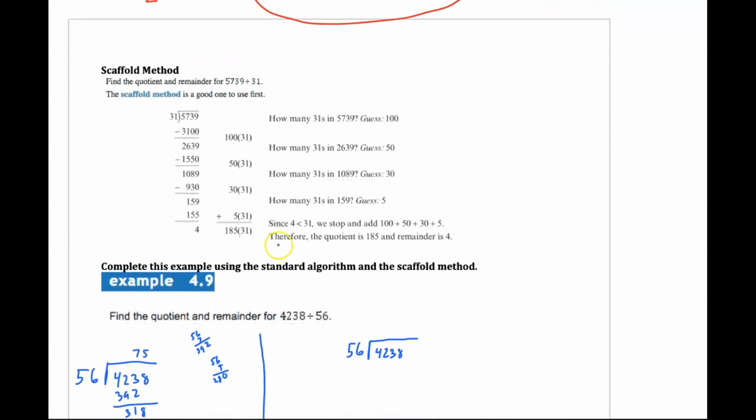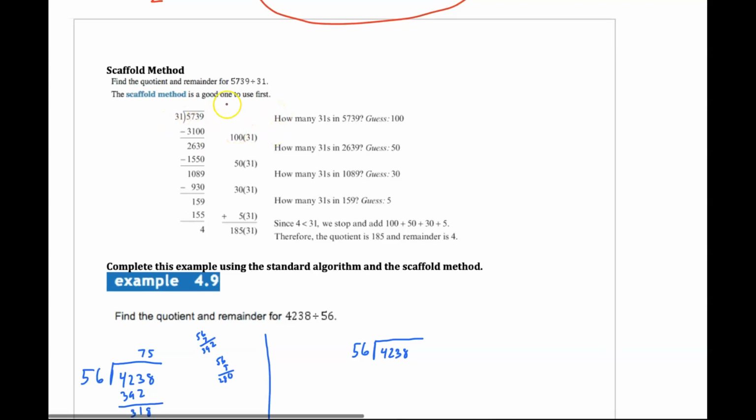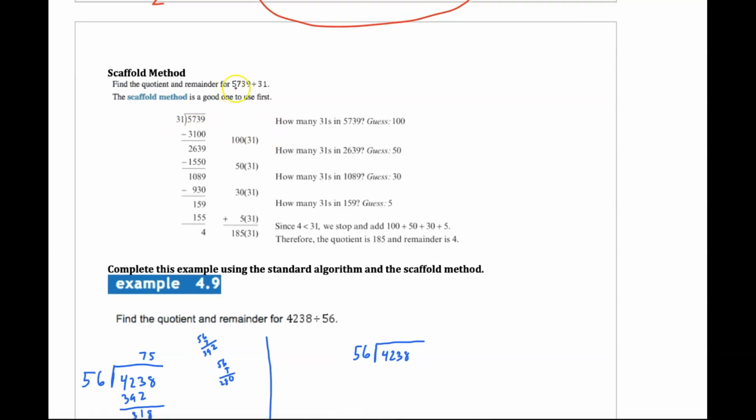So in this case, on the scaffold method, you don't ask yourself how many, to try to find the exact number. You just estimate. So for example, 5739 divided by 31. That's a hard problem to do with long division, because a student has to answer this question here, right?